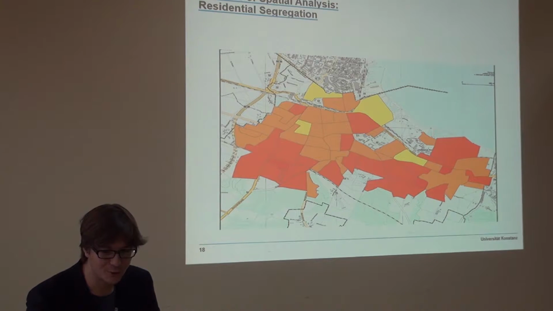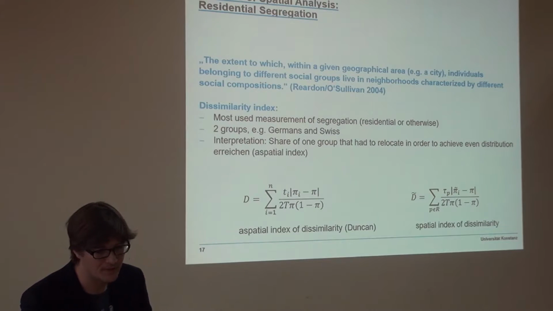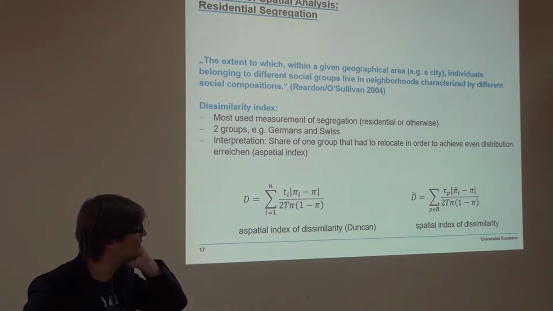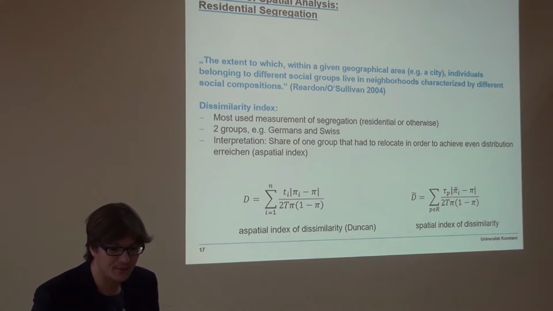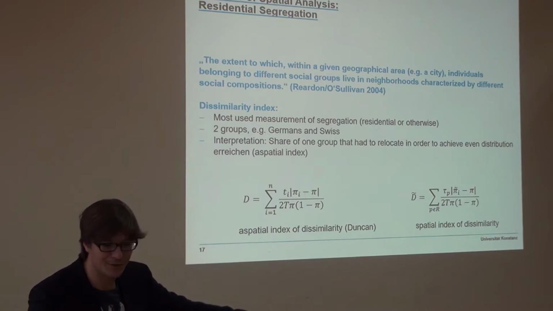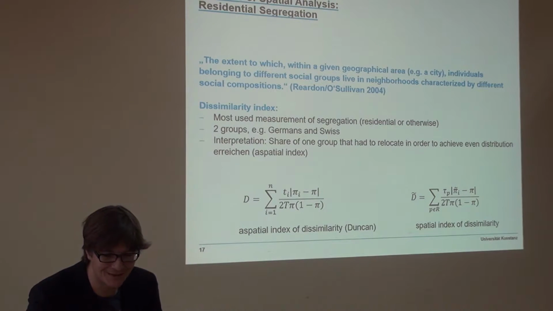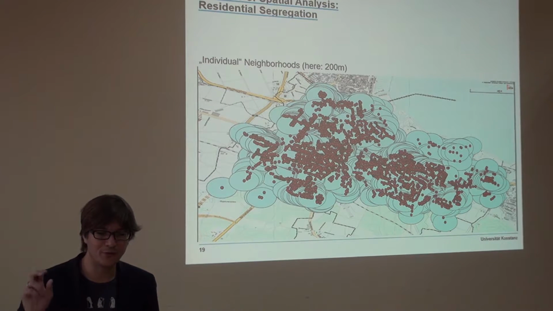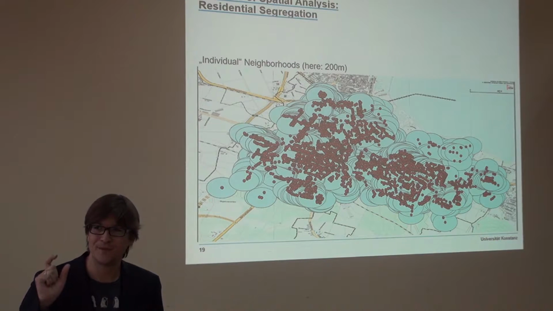Okay, and one solution to this is to use spatial indices of segregation, and this is the literature where you could find it, Reardon and O'Sullivan. There's a formula if you want, but the idea is that you don't use the neighborhoods or districts that you have, but you use individual neighborhoods for each and every individual.